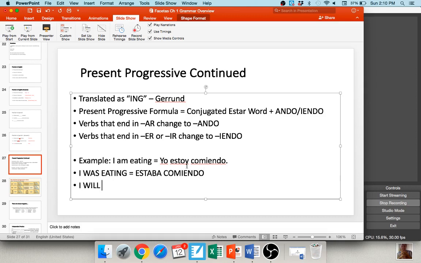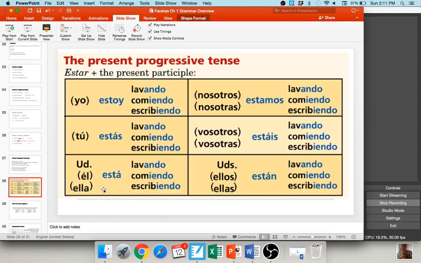I will be eating at that time. I'm going to take an estar word in the future tense and say estaré comiendo. I will be eating. Okay? So these progressive forms can happen in any tense of estar, okay, the present, the imperfect, the future, the preterite, any of those. Your participle will not change regardless of the tense though, okay?